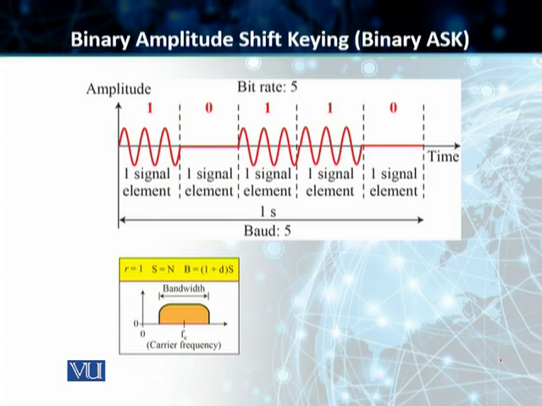And students, in this case, the peak amplitude of one signal level is 0, and the amplitude of the other signal level is the same as the amplitude of the carrier frequency. This is the amplitude that we are talking about. So for one, our signal element, we are using the same amplitude as the carrier frequency.